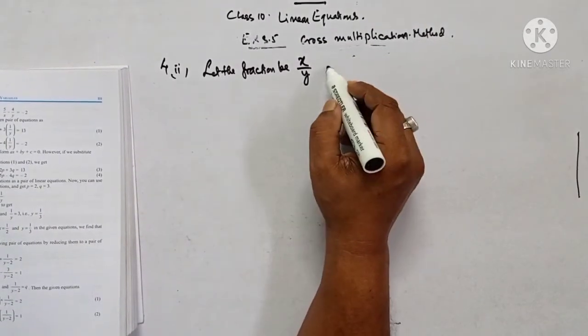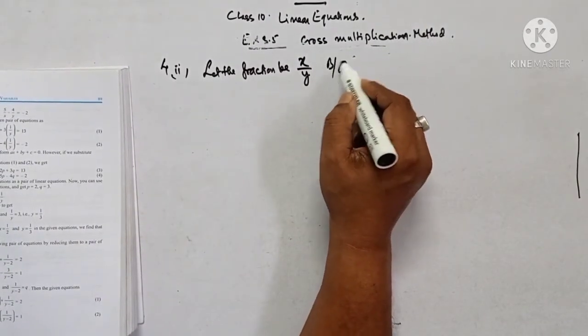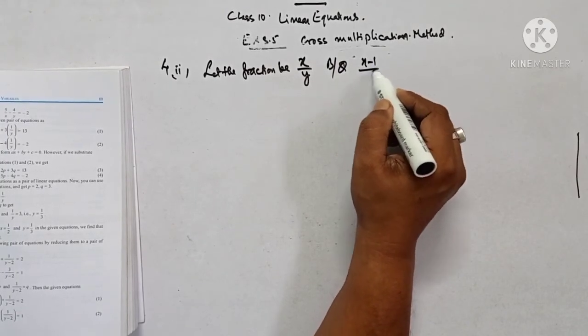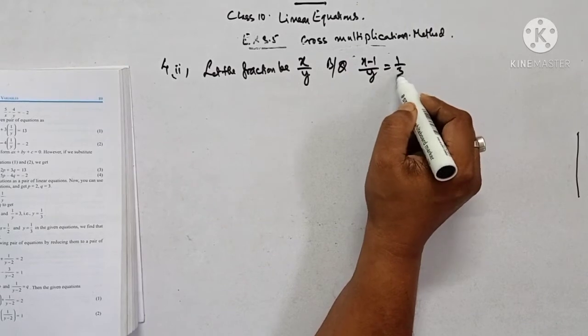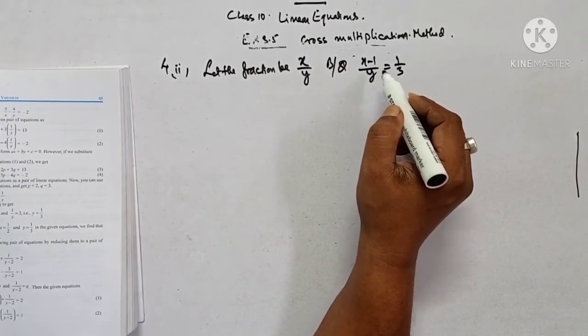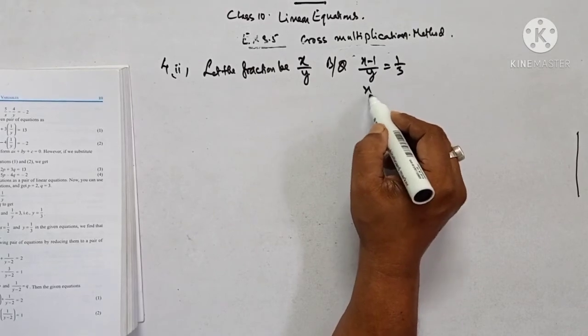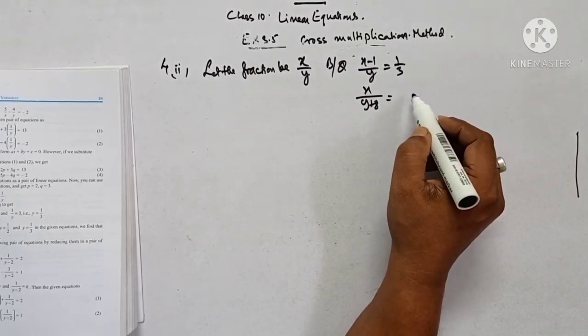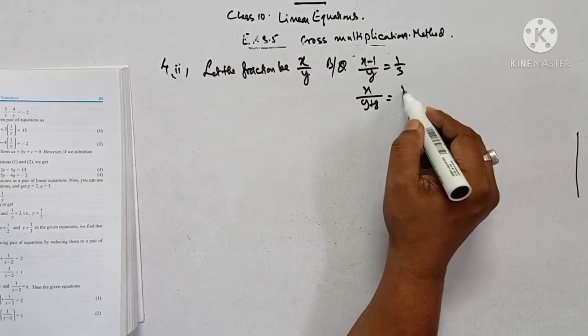By the question, when we subtract, x minus 1 by y is equal to 1 by 3, and it becomes 1 by 4 when 8 is added to the denominator, that is x by y plus 8 is equal to 1 by 4.